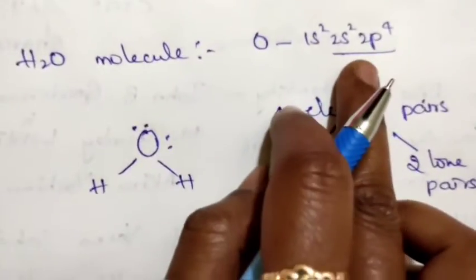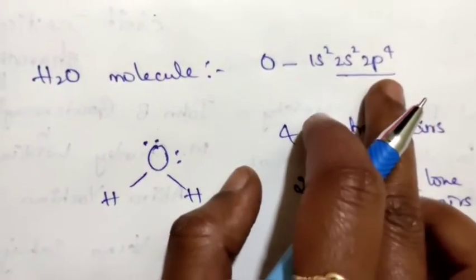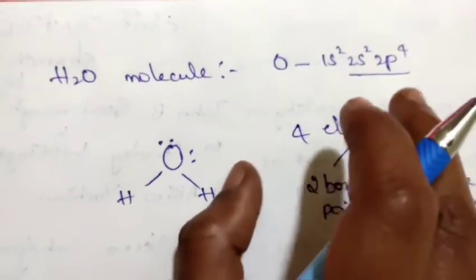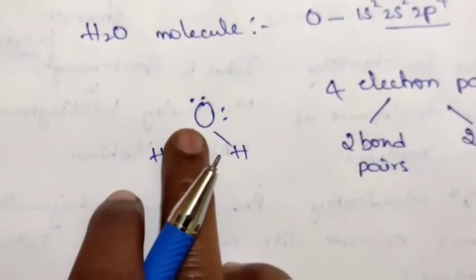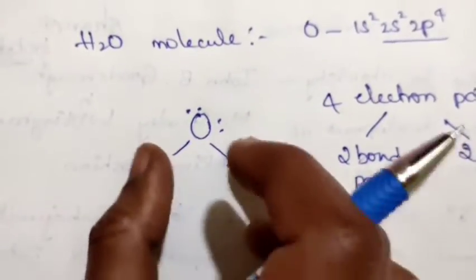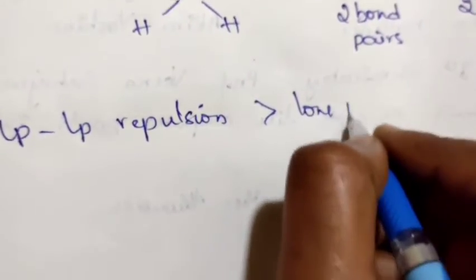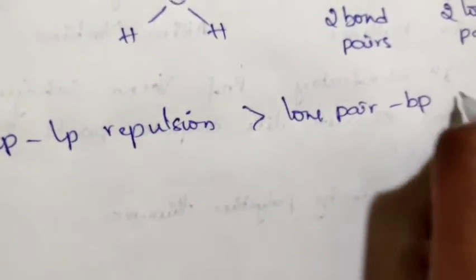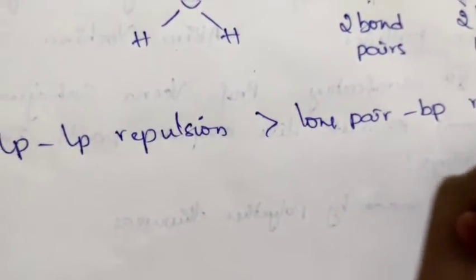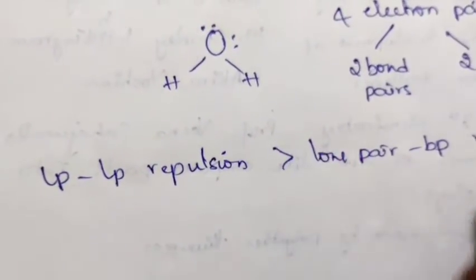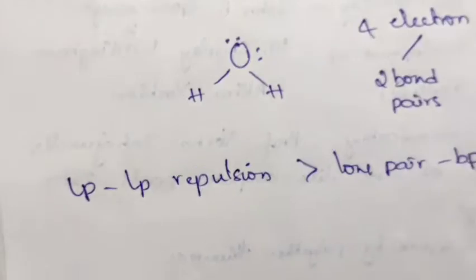But we have to consider the outermost valency electronic configuration. In this one, 2 lone pairs and 2 bond pairs are present around the nucleus of the central atom in its valency shell. In this one also, the presence of lone pair repulsion is there, and this lone pair lone pair repulsion is greater than the lone pair bond pair repulsion, and the angle between these bond pairs decreases.